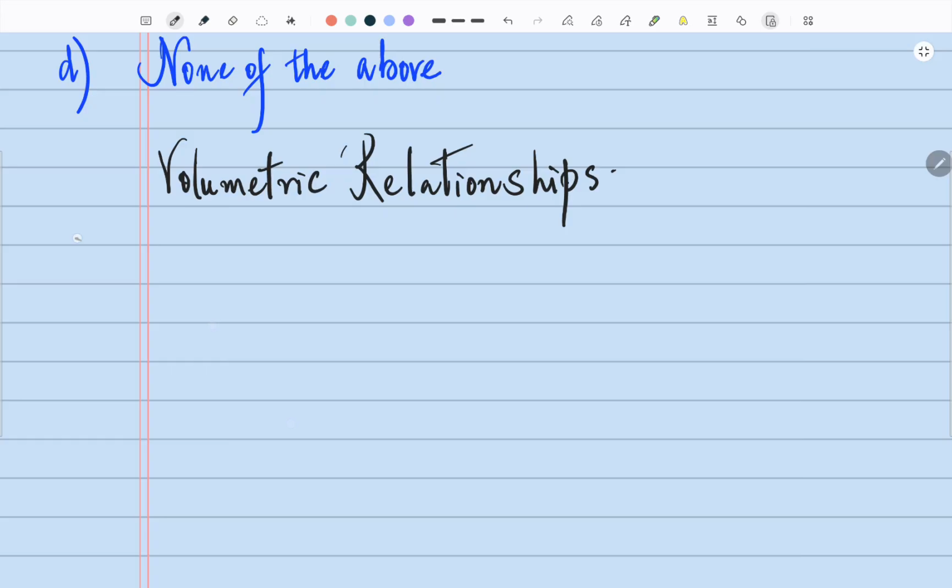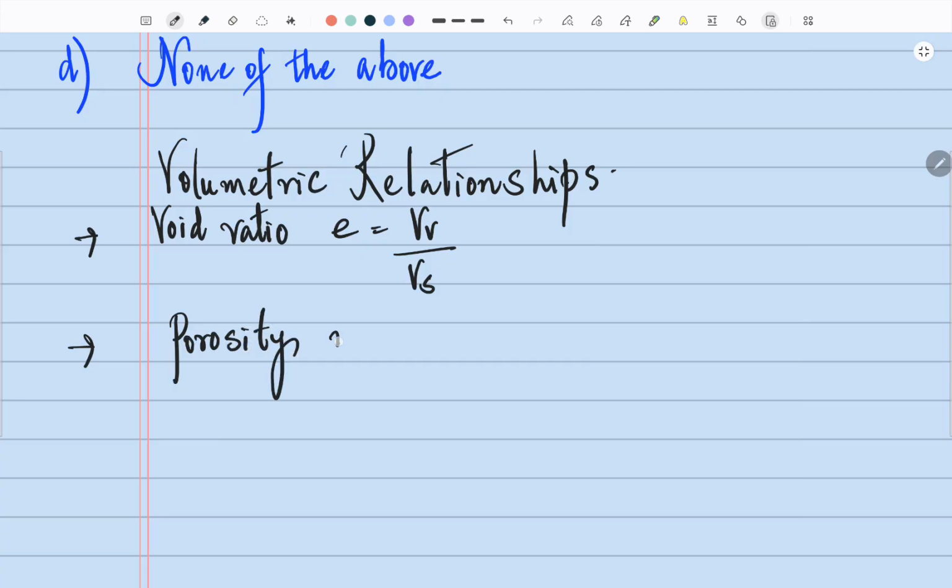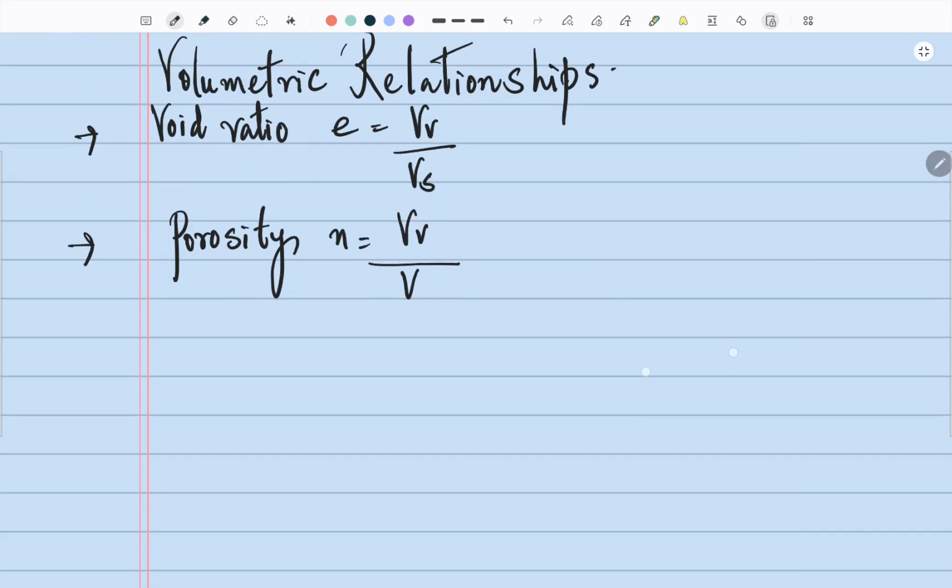The first one being void ratio, which we already learned is a ratio, denoted by e, between volume of voids to the volume of solids. Second one is porosity. It's denoted by n, and it's a ratio between volume of voids to total volume.